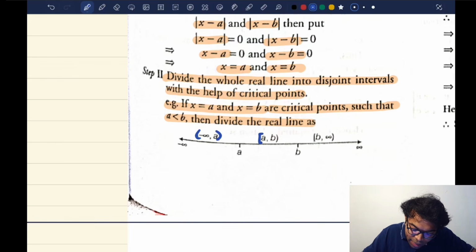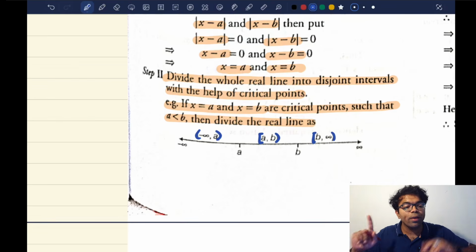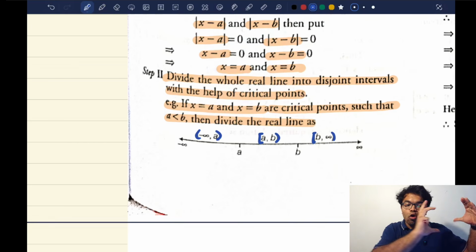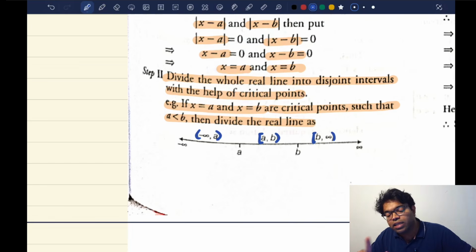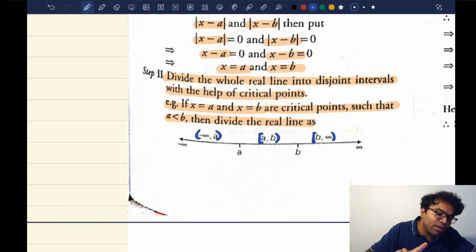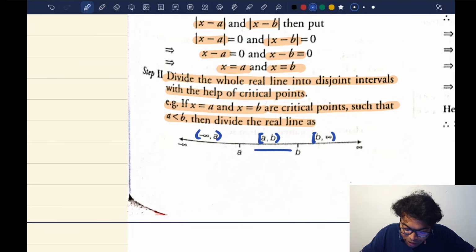Then you have a as a closed bracket and b as an open bracket. And in the third section, you have b as a closed bracket and infinity as an open bracket. Always remember this: open brackets on the left, then one of them closed and the other open, and again one closed and the other open in these two cases.